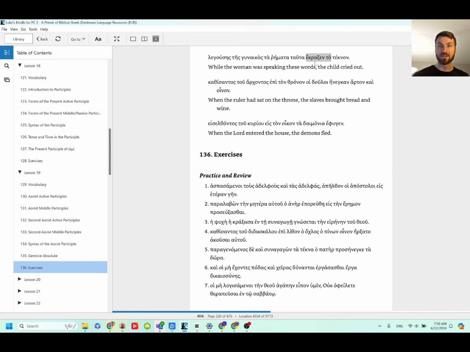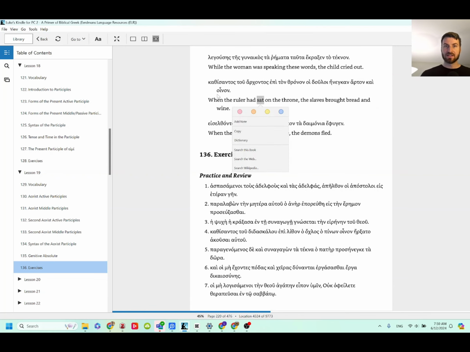Here, the child is a different subject than who is doing the speaking of the participle. So the participle and the woman are in the genitive, and that is the subject and action of the participial phrase, which is different from the subject of the main phrase.